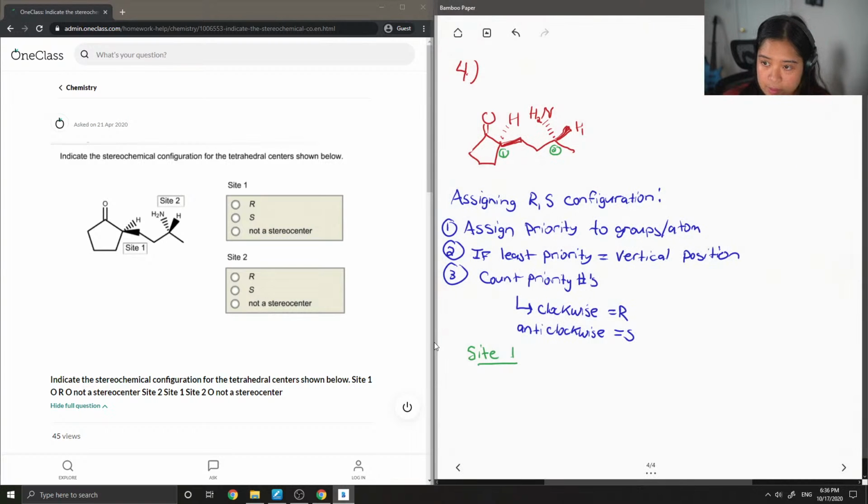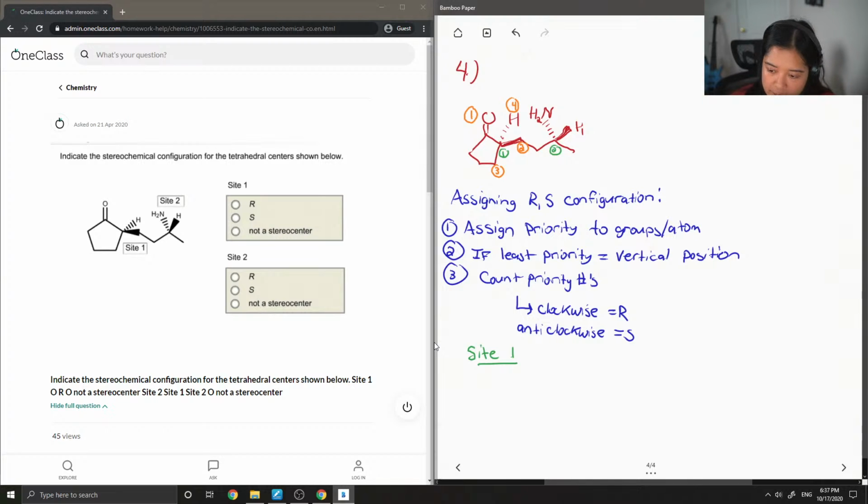So for site 1, this carbonyl group has the first priority. And this carbon is the second priority. And then this carbon is third. And then our hydrogen is the last priority.